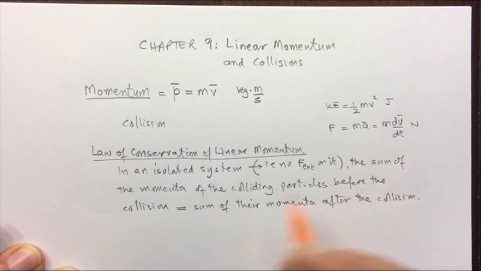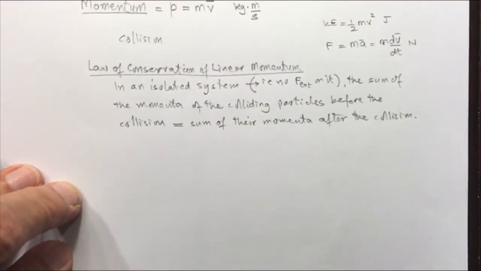So you add all the momenta of all the particles before they collide, and you add their momenta after they collide and move off in different directions, and the sum before will be equal to the sum after the collision.